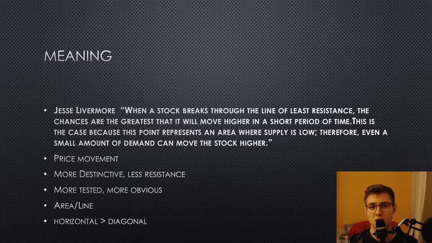The best line of least resistance is a line, not a diagonal or an area. So the smaller the level, the more distinctive it is, obviously. Also, you want the line to be horizontal rather than diagonal, and I can show you why.